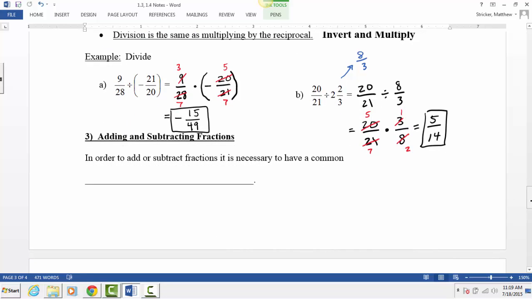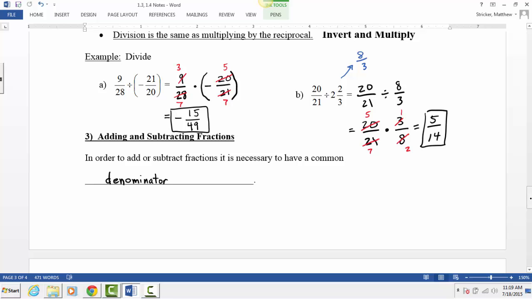And one important thing to remember when we have to add or subtract fractions is that it's necessary to have a common what? A common denominator. This is again something you've hopefully done before, but we're going to review it.